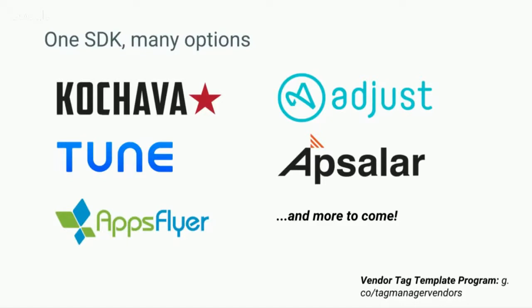You can implement a lot of their measurement through Google Tag Manager. For some of these vendors, you're able to do so without implementing their SDK. For certain reasons, some of them do request that you implement their SDK alongside our implementation, but either way, you get a lot of those same benefits we just talked about by implementing these tools through Google Tag Manager.